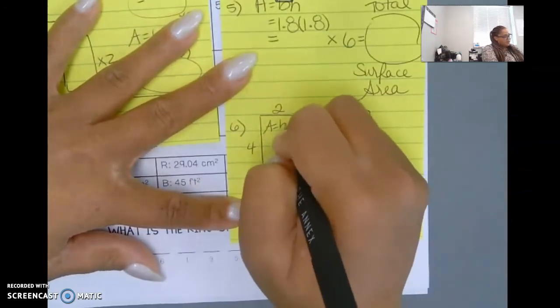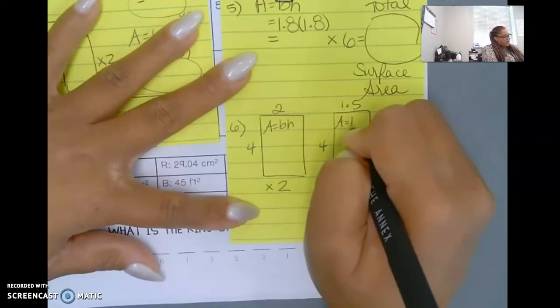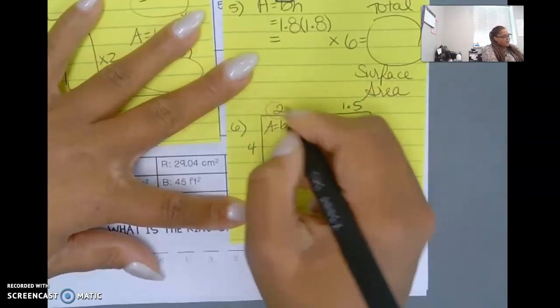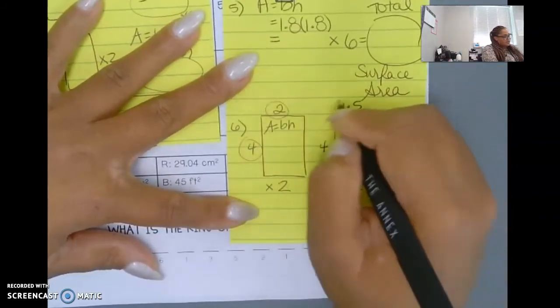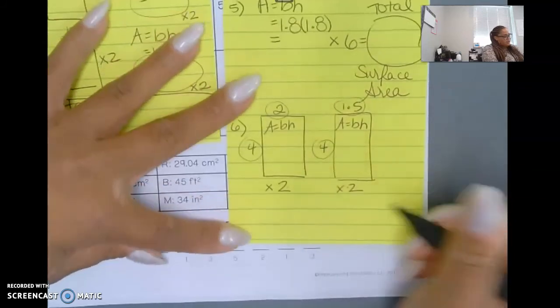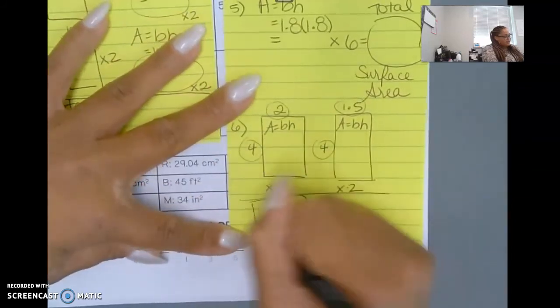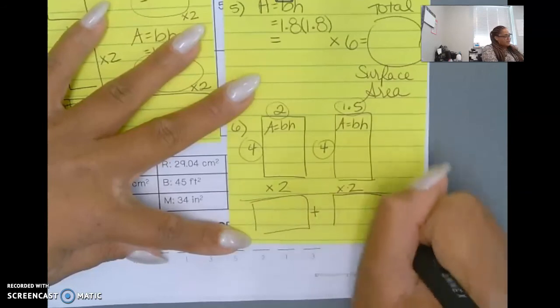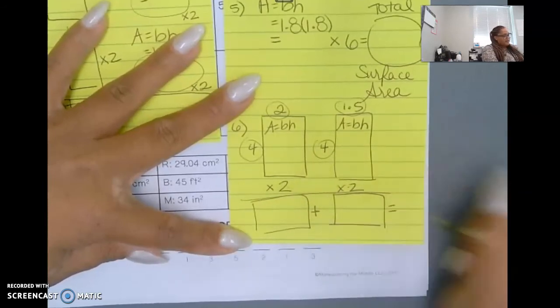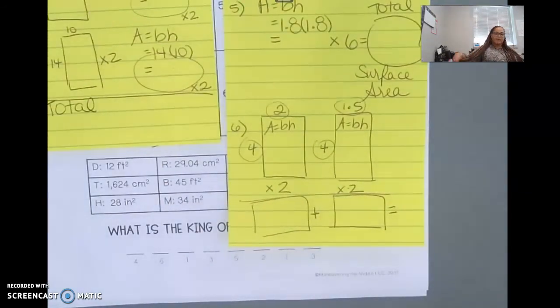So area equals base times height, area equals base times height, base times height times 2, base times height times 2. You get an answer over here, you add it to your answer over here, and then that will be the answer that you put into Skyward.